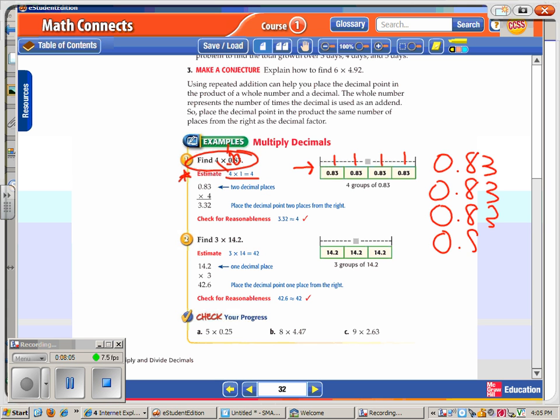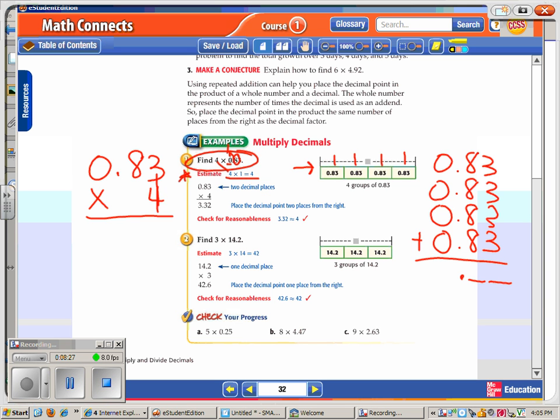Now, this is absolutely not what you want to do, especially when you're multiplying like 15 times 83 hundredths. My goodness, can you imagine? But you could add those up and see you still have those 2 place values in the decimal. Or you can take 83 hundredths and multiply it by 4.